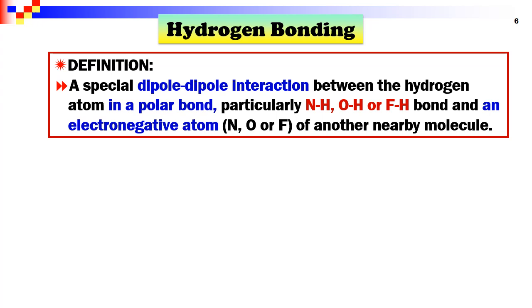Definition. Hydrogen bonding is a special dipole-dipole interaction between the hydrogen atom in a polar bond, particularly NH, OH or FH bond, and an electronegative atom, nitrogen, oxygen or fluorine, of another nearby molecule.